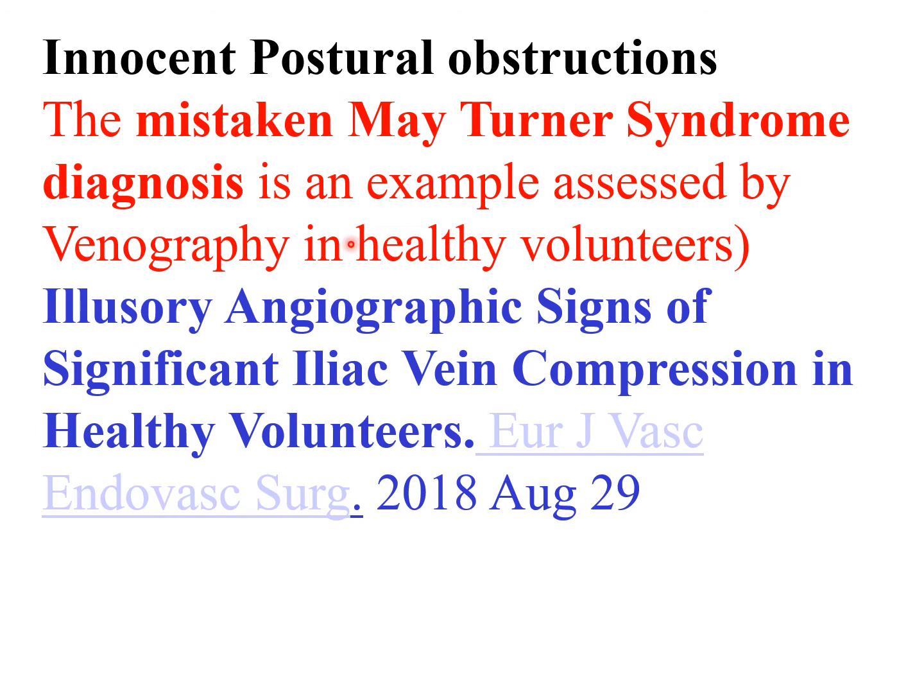In some other cases, the obstruction can be only postural, which is the case in the May-Turner syndrome. It was demonstrated in normal patients by angiography who had obstruction of the iliac vein without any symptoms nor signs.